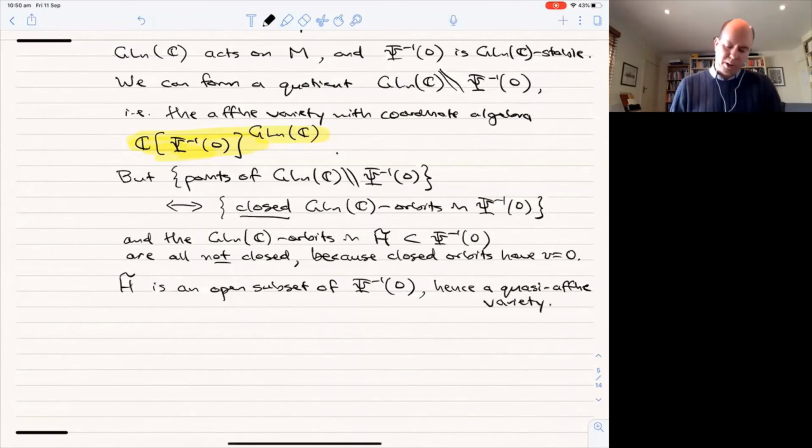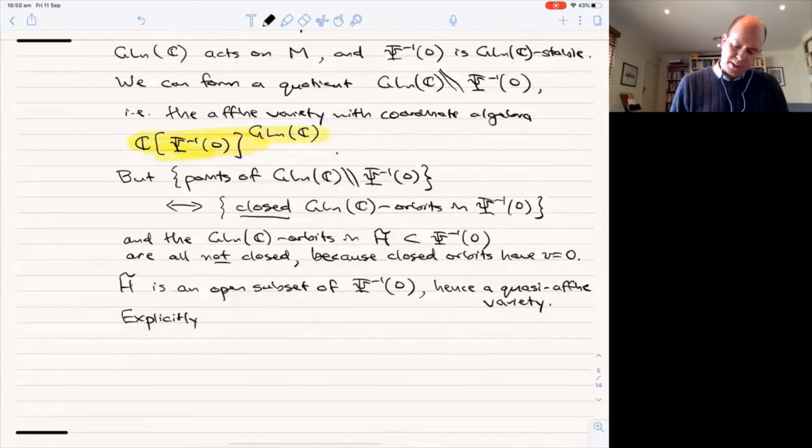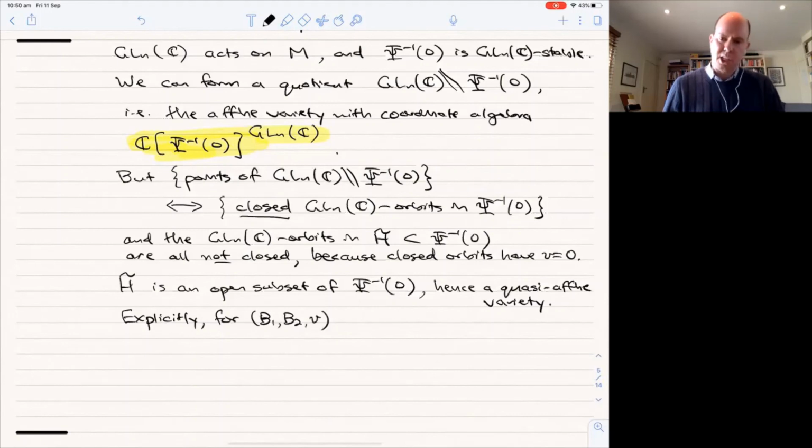To see that it's open, you just have to rephrase the stability condition in a suitable way. Open subsets are meant to be given by conditions that some polynomials don't vanish. So how can we rephrase stability in those terms? If you have a point B1, B2, V in this affine variety, so B1 and B2 commute with each other, what's the condition for it to belong to our set H tilde?